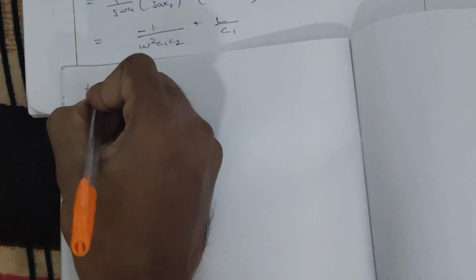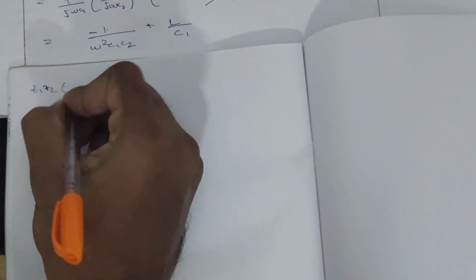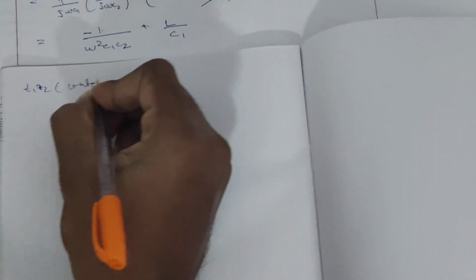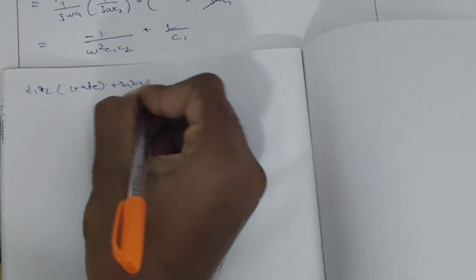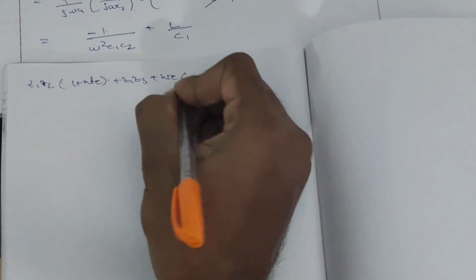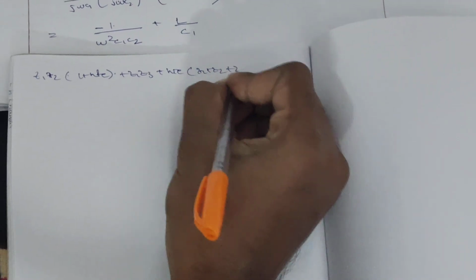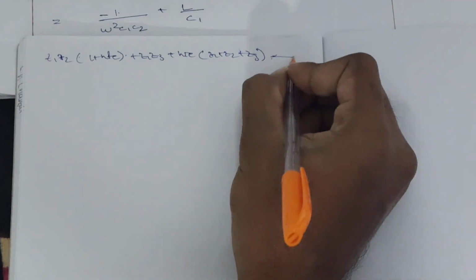You can see the equation is Z1 Z2 (1 + HIE) + Z1 Z3 + HIE Z1 (Z2 + Z3). Now we substitute these into the general equation.